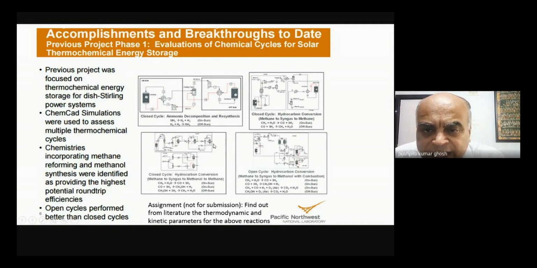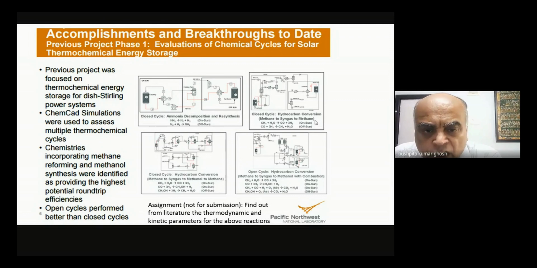So I can get back that heat, so this also can be a wonderful storage system. Ammonia going to N2 plus H2 and methane going to CO plus H2.